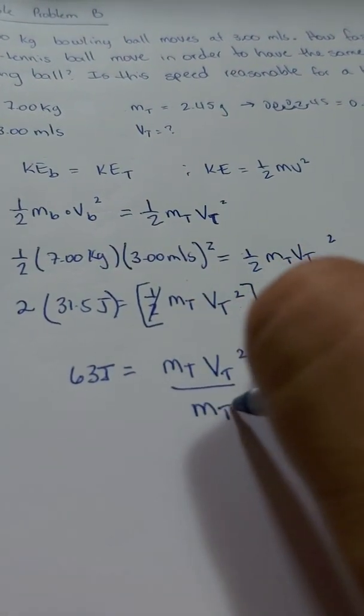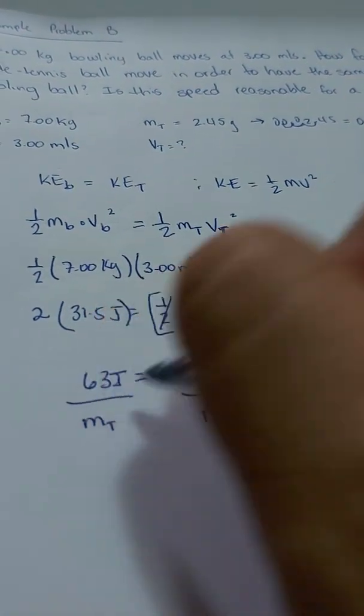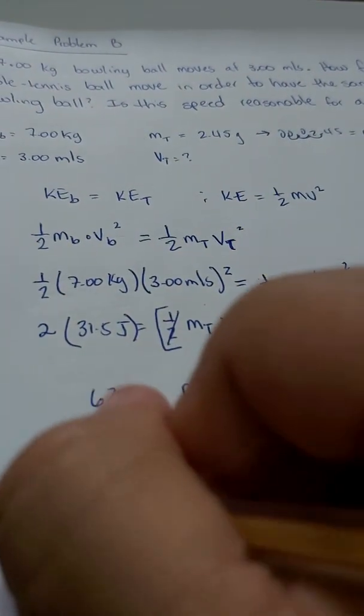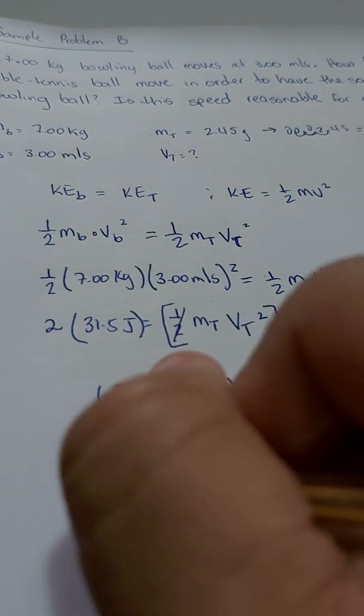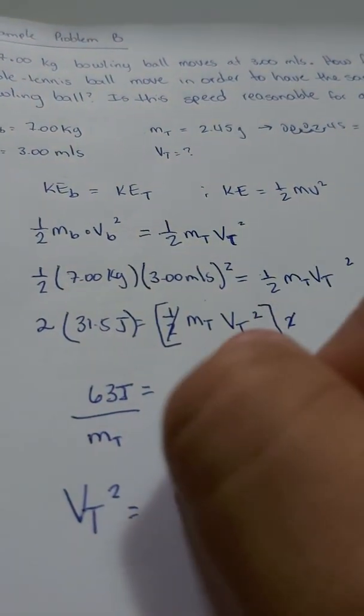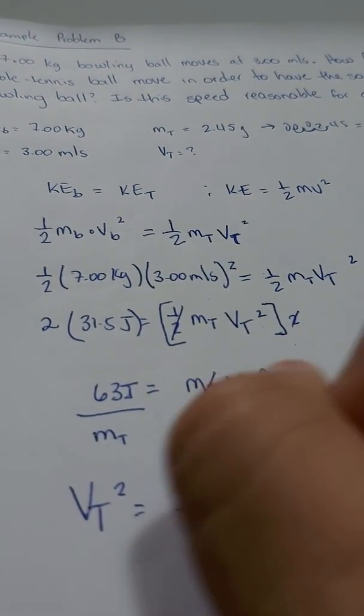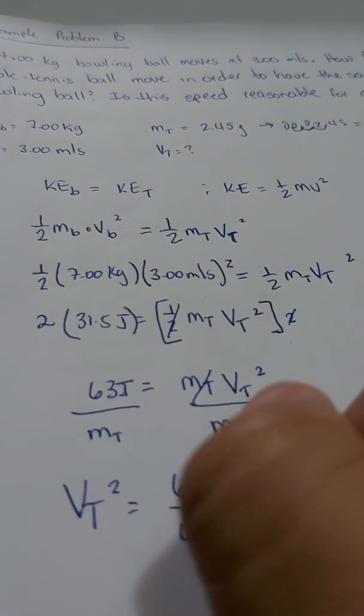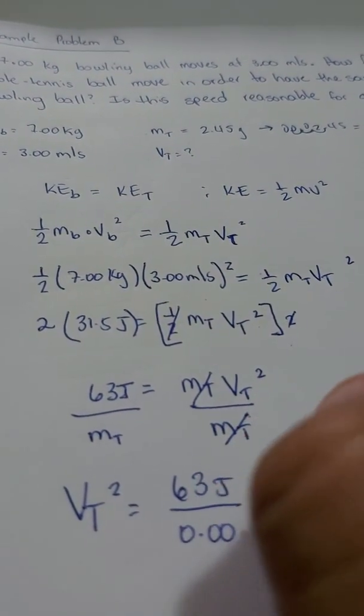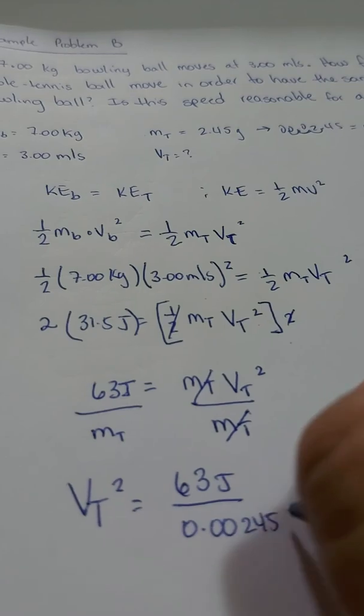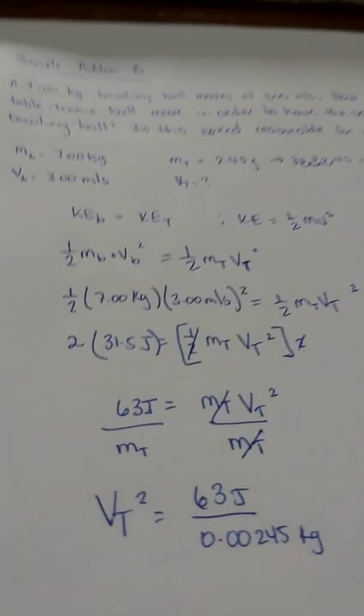Divided by the mass of the table tennis ball. So we get that the velocity of the table tennis ball squared equals 63 joules divided by 0.00245 kilograms.